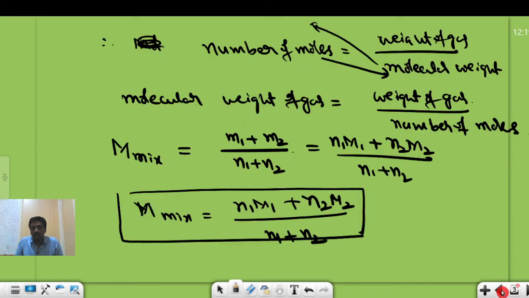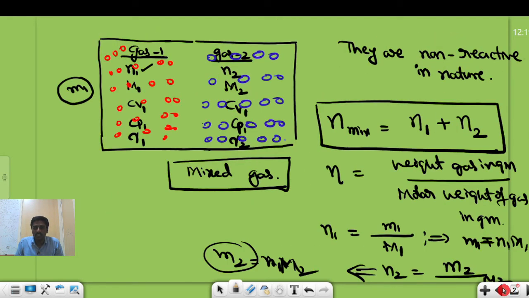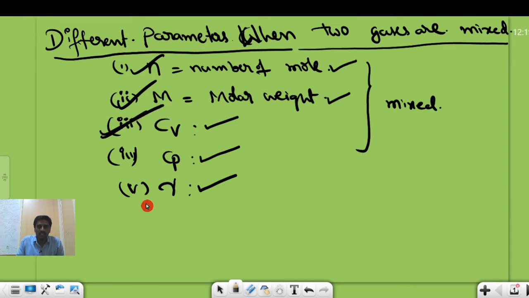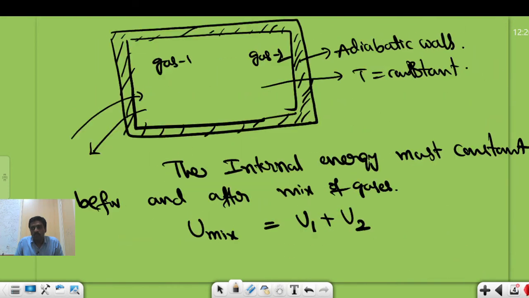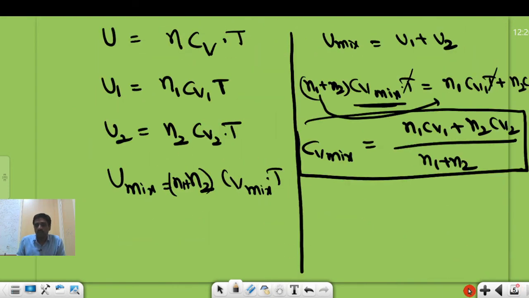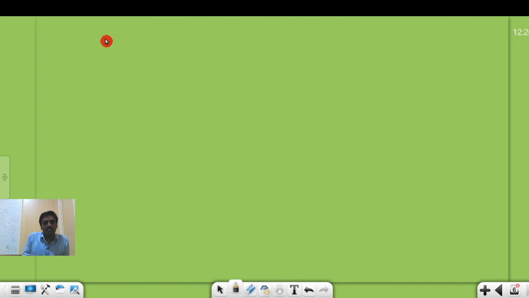Now how many parameters have we concluded? We evaluated the CV value, CV of mix value also. Now let me go to the CP mix formula, derivation of the CP mix formula. CP mix is equal to question mark.